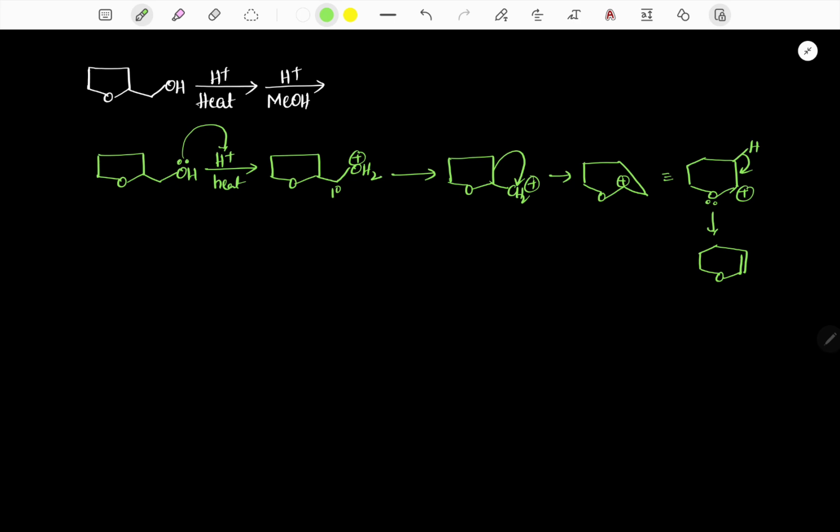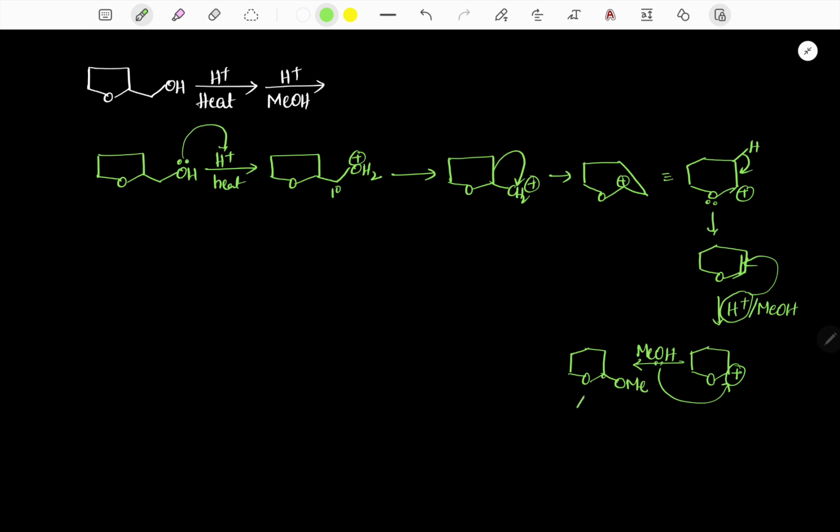So here it is the first reaction. The overall reaction is simply dehydration. Now it is treated with H plus and methanol. When H plus is added, the alkene reacts with H plus to give a stable C plus. Now the stable C plus reacts with the nucleophile methanol, and finally it gives the corresponding ether like this.